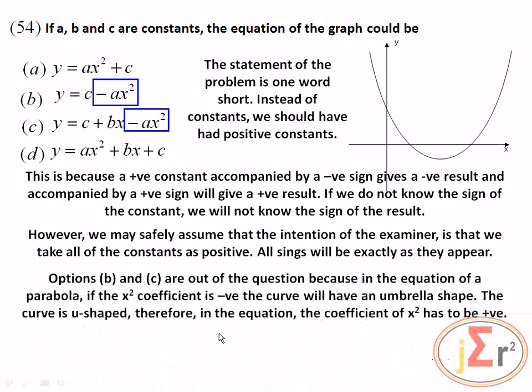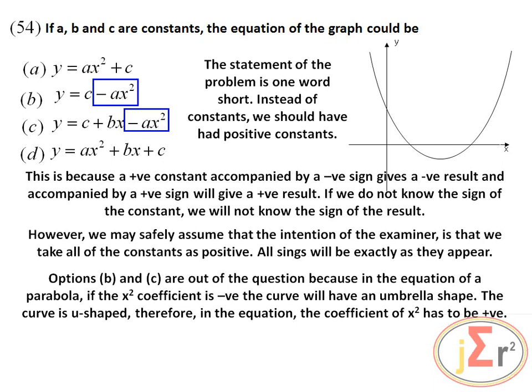That will cause those two to be out. Options B and C are out of the question because in the equation of a parabola, if the x squared coefficient is negative, the curve will have an umbrella shape. The curve is U-shaped, therefore, in the equation, the coefficient of x squared has to be positive.